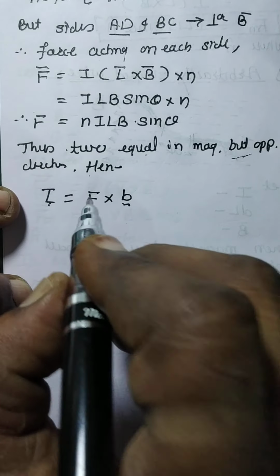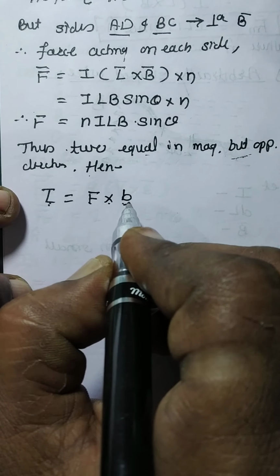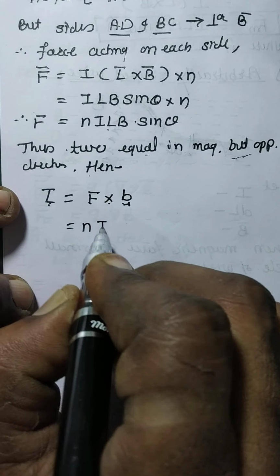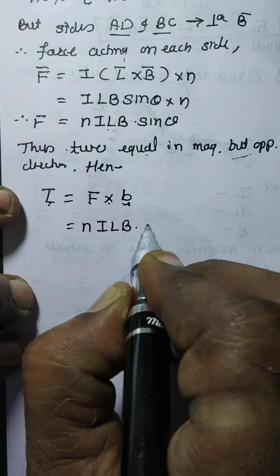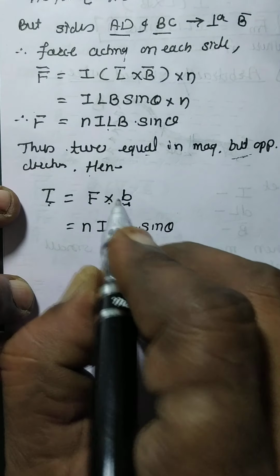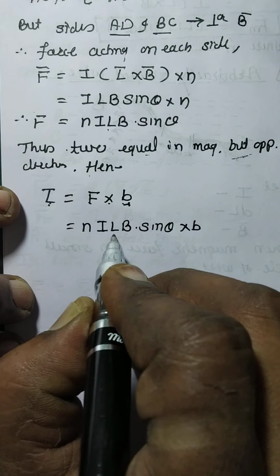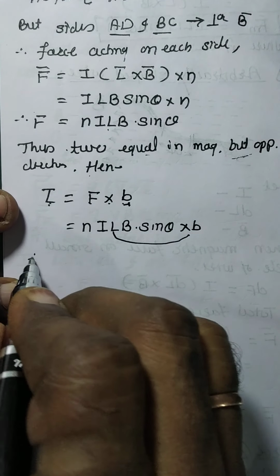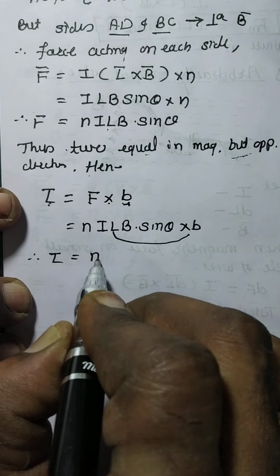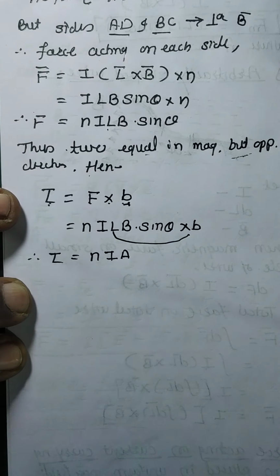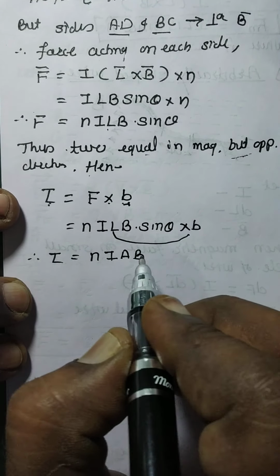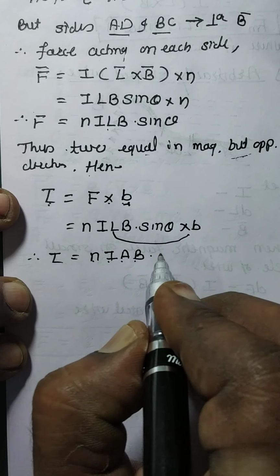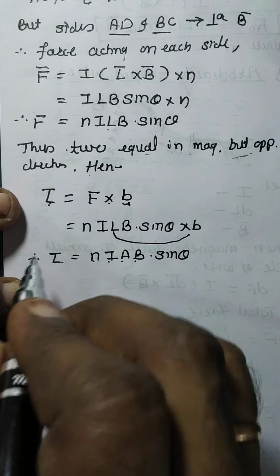What is torque? Magnitude of one force into perpendicular distance. फोर्स किती आहे? N I L B into sin theta into B, but length into breadth is area of coil, and therefore torque is N I A B sin theta.